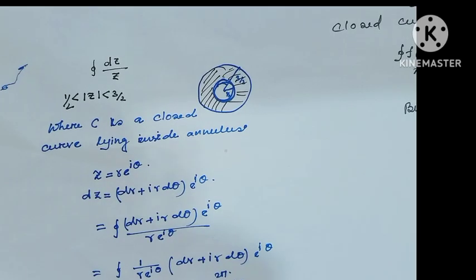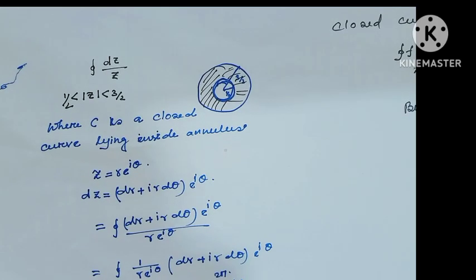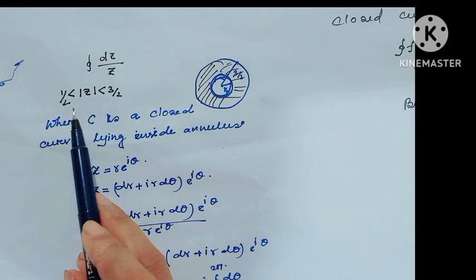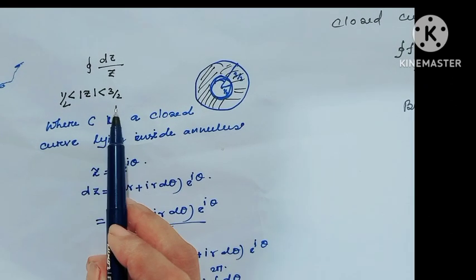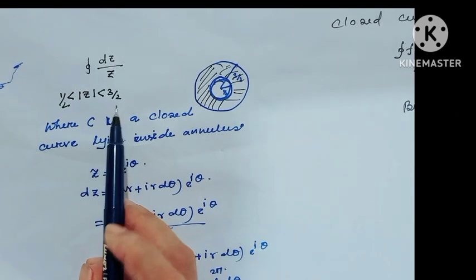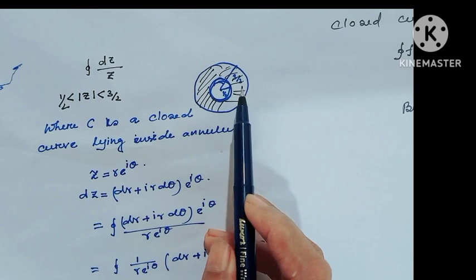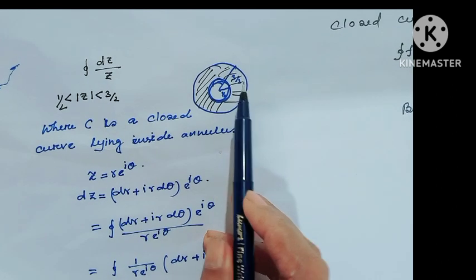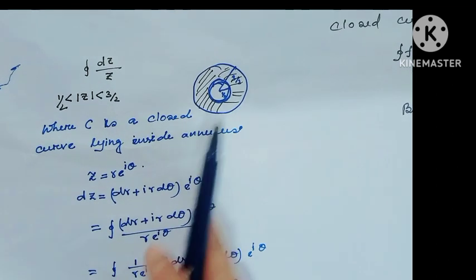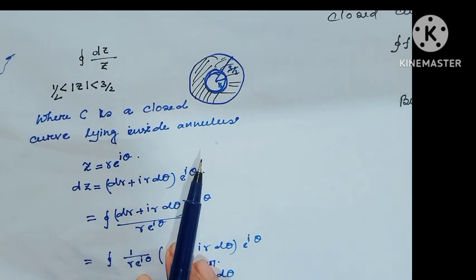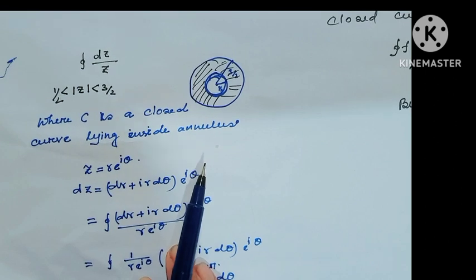Now I will consider f(z) equal to 1 over z in the region where half is less than mod z less than 3 over 2. In this region, notice that the closed curve C lies inside this region.